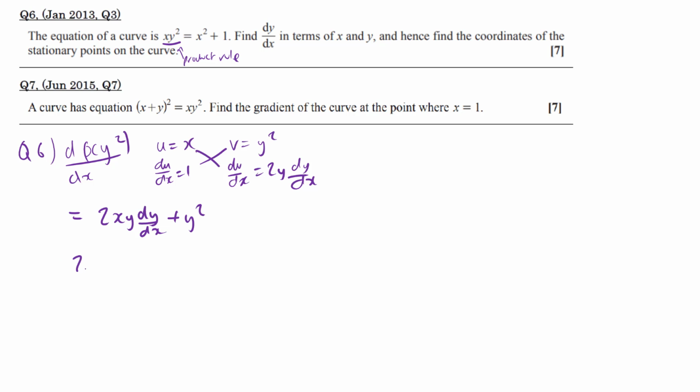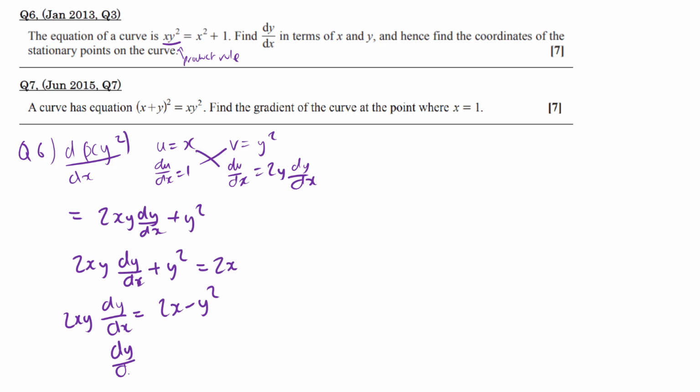So we get 2xy dy dx plus y squared equals 2x. So dy dx is going to equal 2x minus y squared. We divide out by the 2xy, so dy dx equals 2x minus y squared over 2xy.